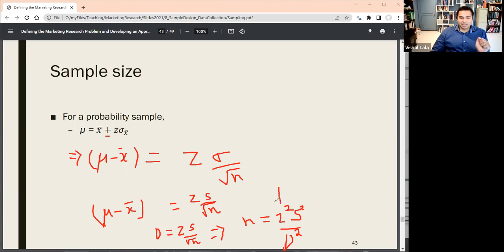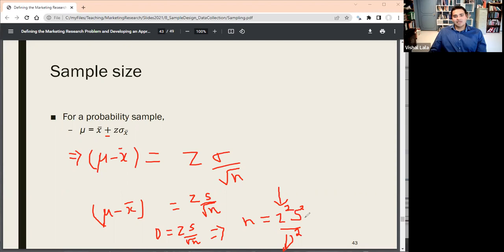The Z statistic out here refers to how much confidence you want in the inferences you draw. So if you want 95% confidence, 99% confidence, the more confidence you want, the higher the Z value is going to go up. The more confidence you want in your result, the more sample size you're going to need.